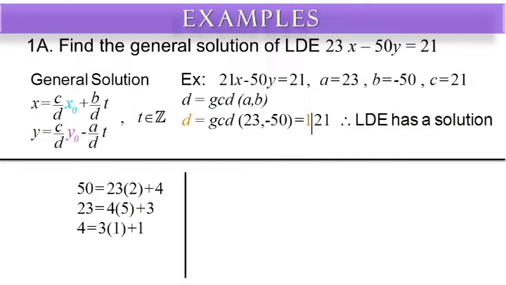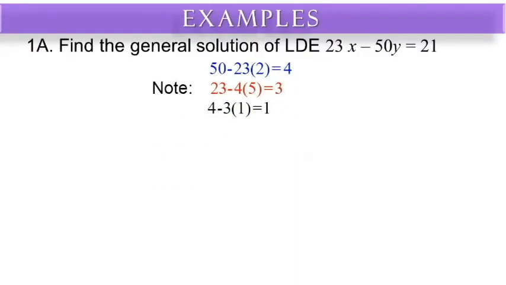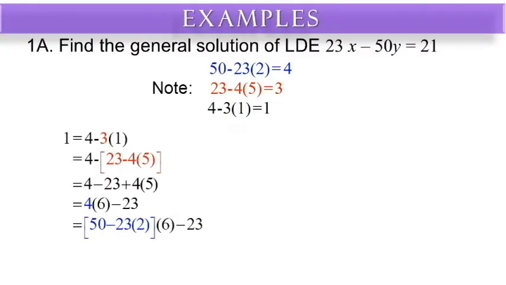To make it easier, we substitute the divisor, and you'll see later why. Then let's copy 4 minus 3 times 1 is equal to 1 to solve for the general solution. So we have 1 is equal to 4 minus 3 times 1. Then let's substitute the 3, and we'll have 4 minus 23 minus 4 times 5.